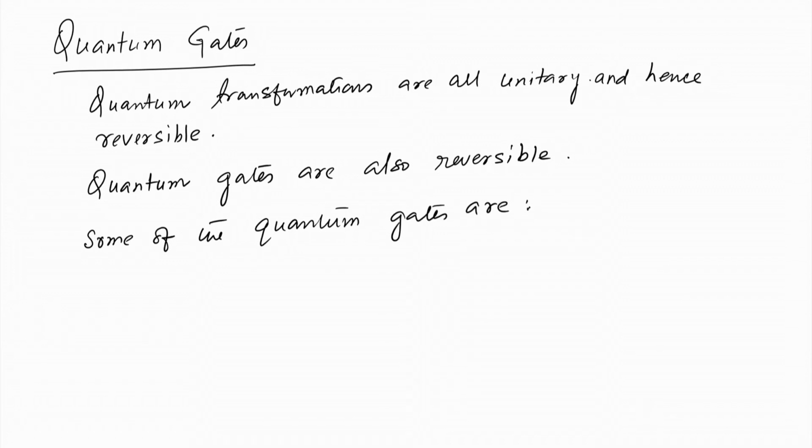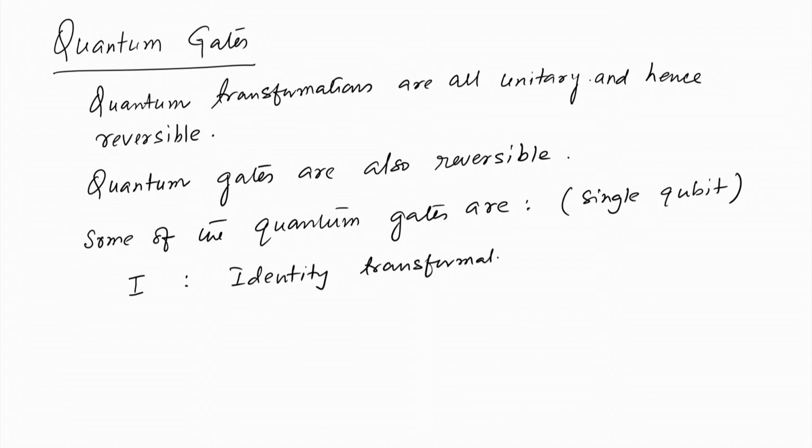So, we will look at this for the single qubit. And then we will also discuss 2 qubits and briefly on multi qubits as well. So, this is I, an identity transformation.